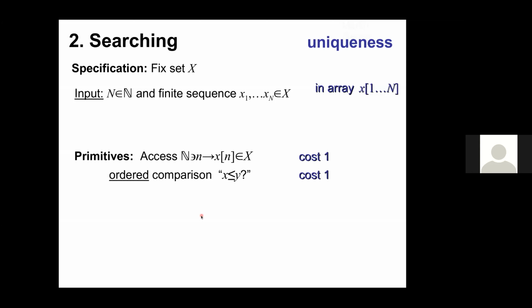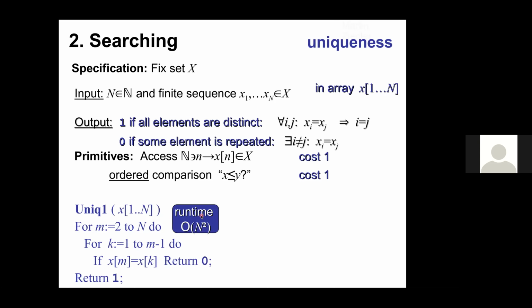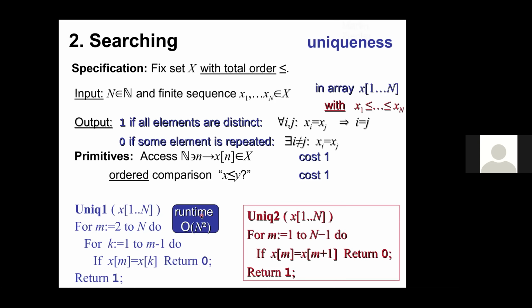The problem is, if you have a sequence of elements in a set, decide whether two elements are equal or not. We had two very simple algorithms. The one is the absolute naive algorithm, which simply tests every pair i and j with i less than j. So this has quadratic running time.